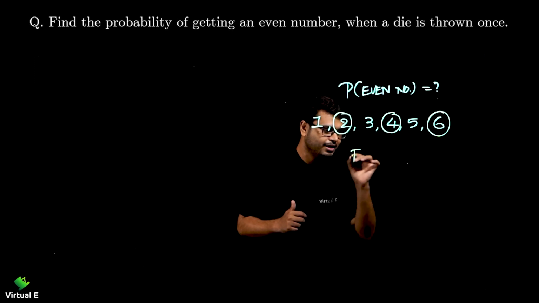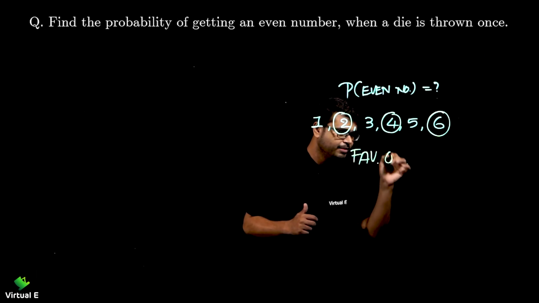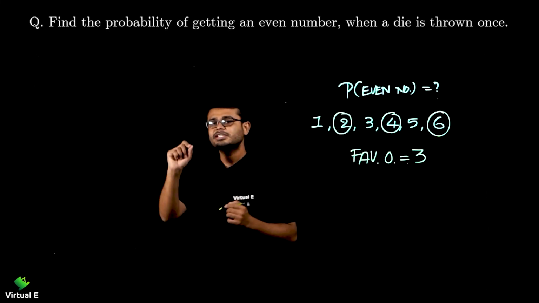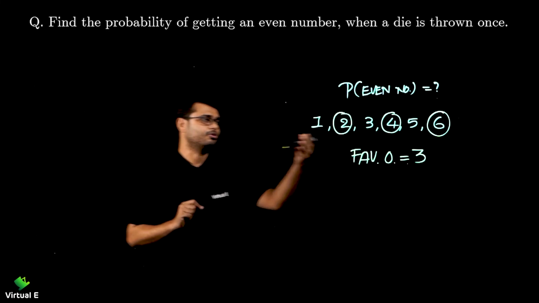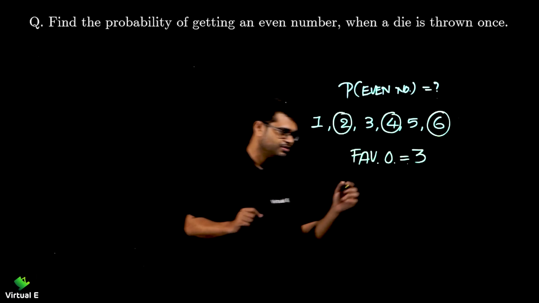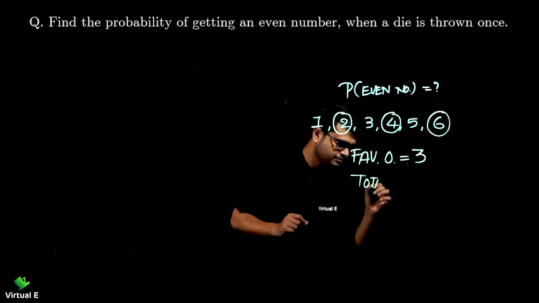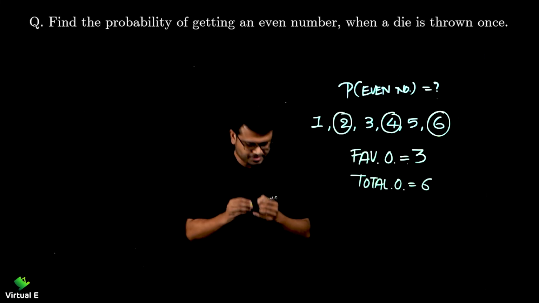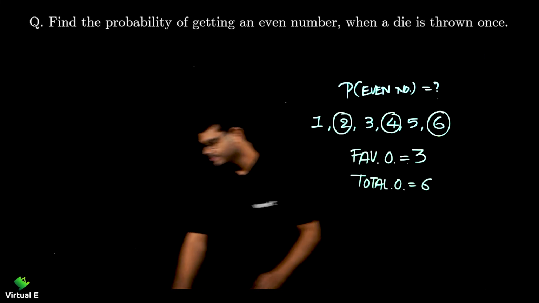Simple. Okay, so how many favorable outcomes? Favorable outcomes are 3. And what is the total number of outcomes? Simple, count all of them, that is 6. So let's write total number of outcomes, it is 6. So let's get the final answer.